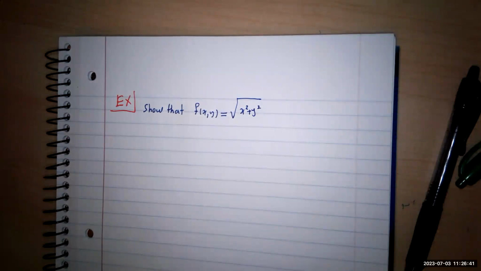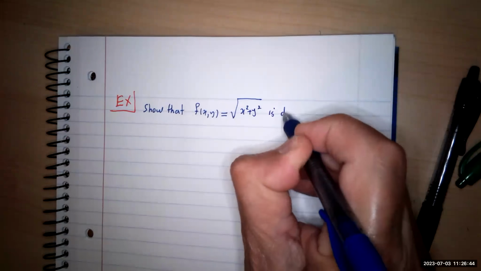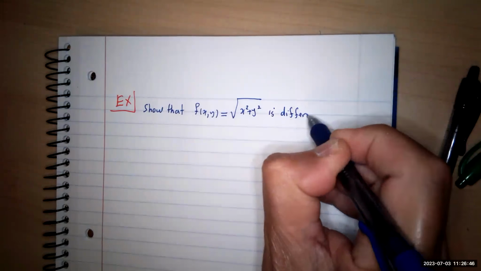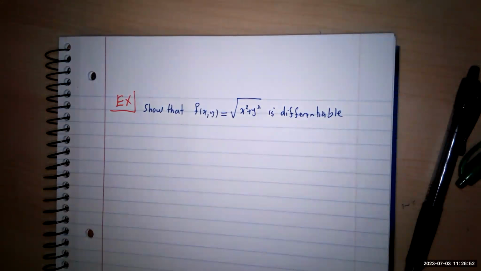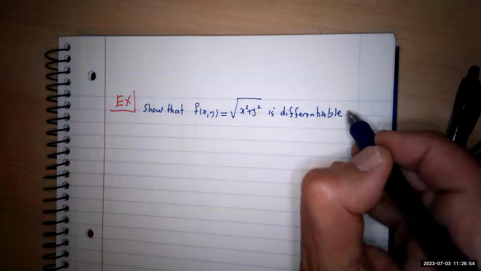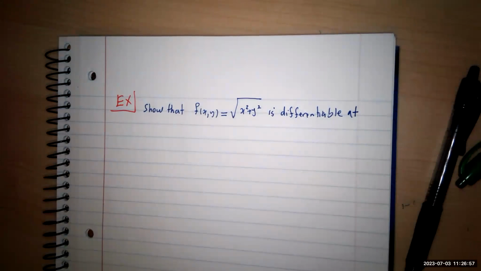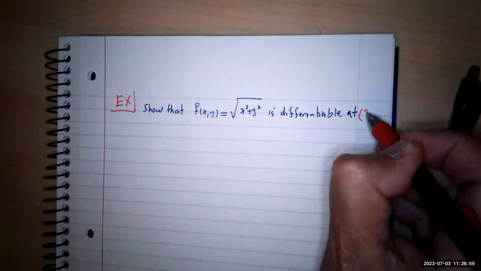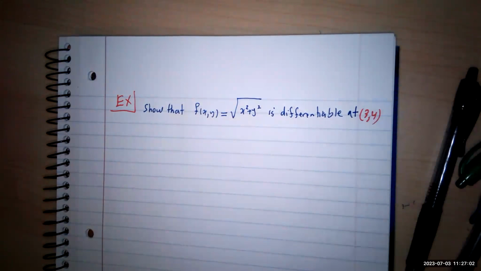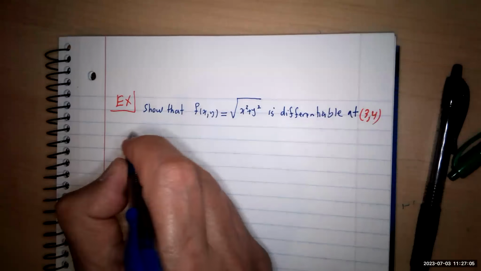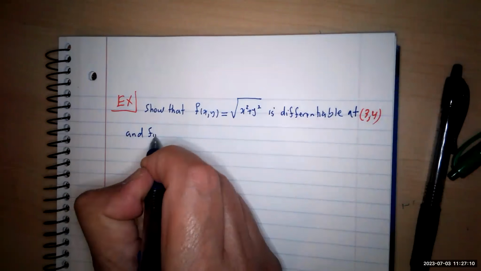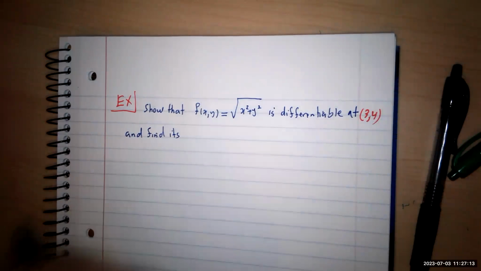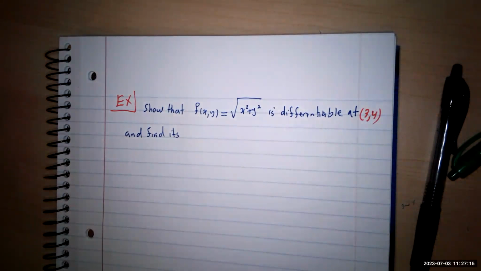We want to show that this function is differentiable, which means you have to find the partial derivatives and show that they are continuous. They want you to differentiate at a given point, the point 3, 4, and find its linear approximation. Sometimes you say linearization, same thing.